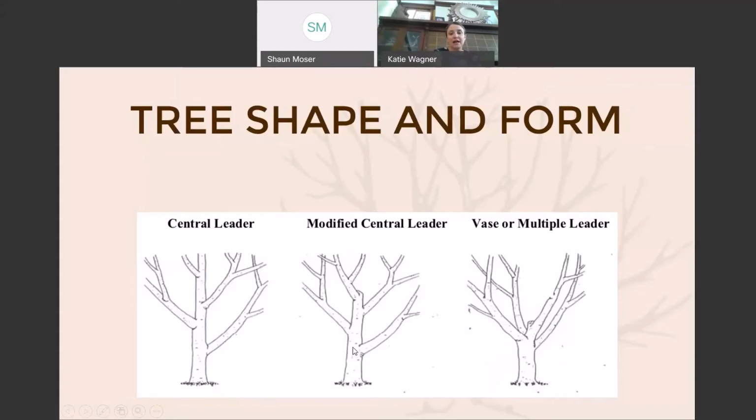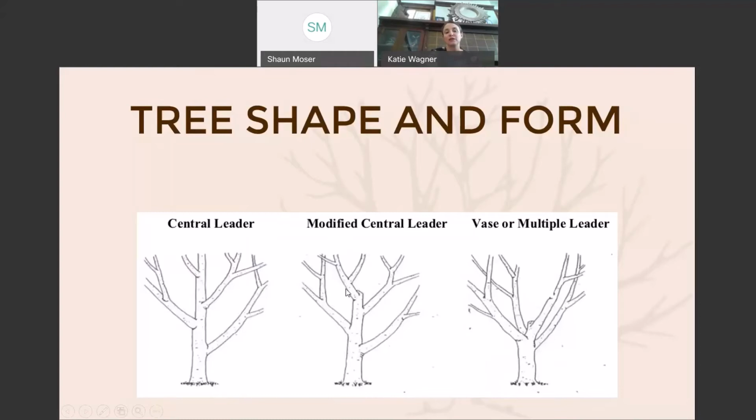Then, and this is not the best picture, and I apologize for that, you want about a 2 to 3 foot separation between our next set of main scaffolds. Again, 3 to 4 main scaffolds right below where we have made that cut to create that modified central leader. We had cut off the top of that main leader.